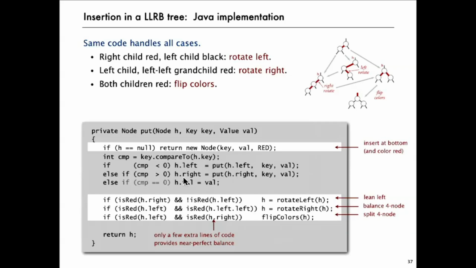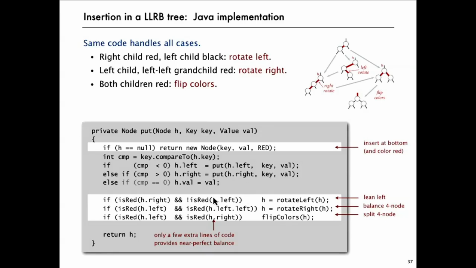Now, when it's returned, that's the point at which we check whether the links are leaning to the left as they're supposed to, and whether or not there are any double links. So the first thing is if is red h.right and not is red h.left.